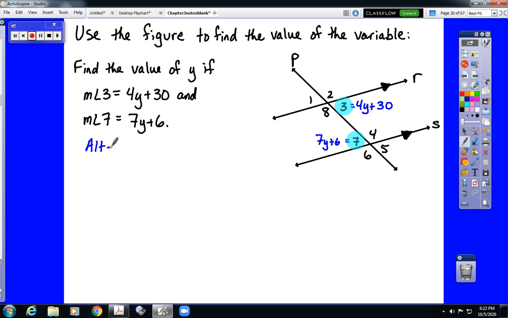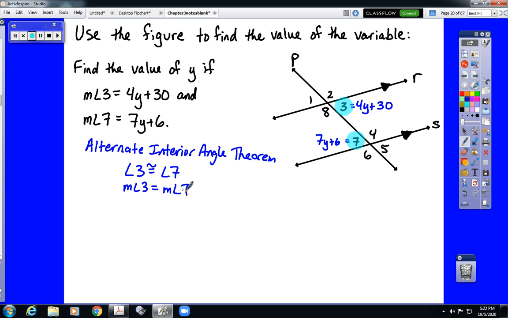The alternate interior angle theorem says that since R and S are parallel lines, angle 3 is congruent to angle 7, which means the measure of angle 3 is equal to the measure of angle 7. So in other words, we're going to plug in 4y plus 30 for the measure of angle 3, and 7y plus 6 for the measure of angle 7, and when we solve that equation, we have the value of the variable.